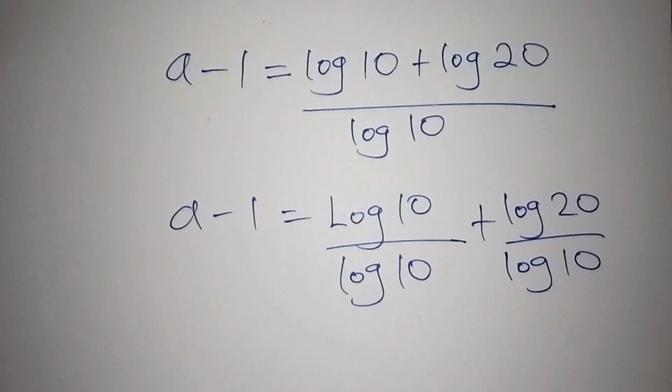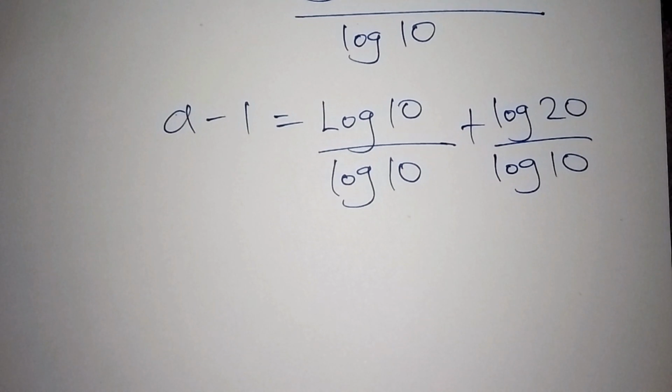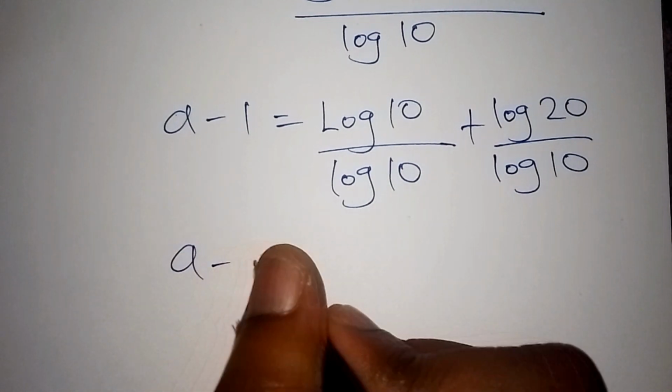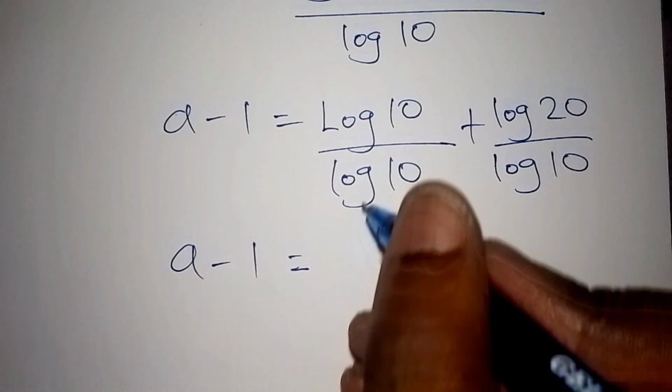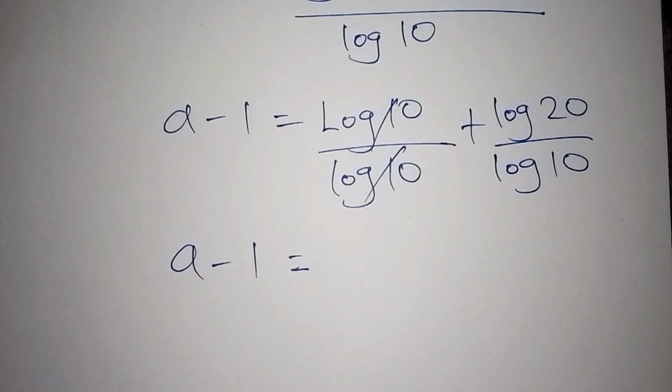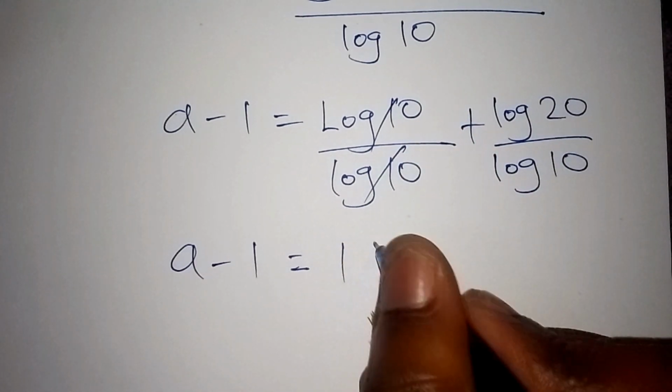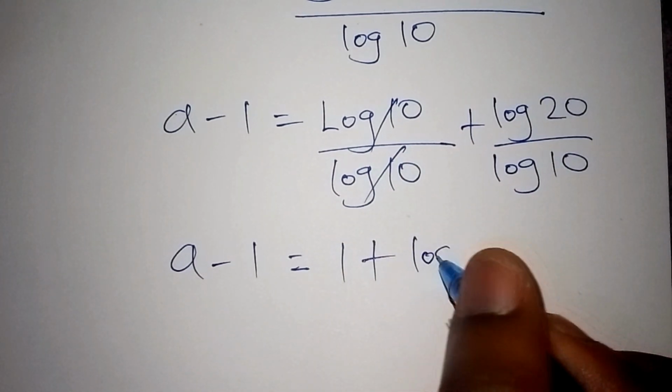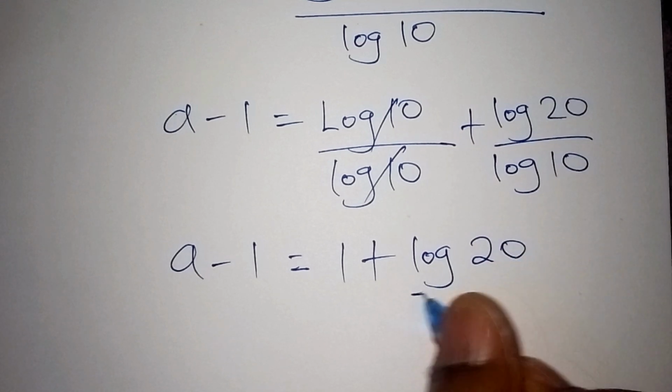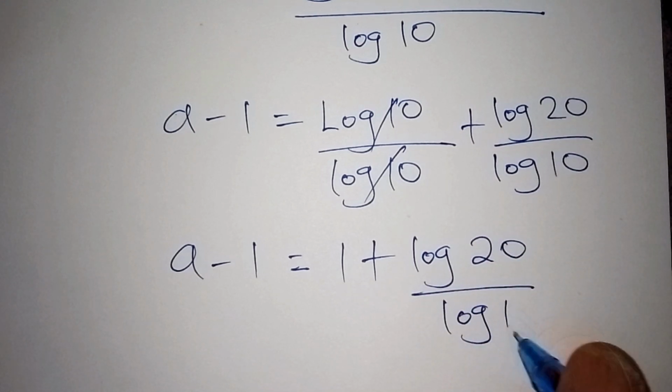So here now we shall have a minus 1 is equals to, the log of 10 and the log of 10 shall cancel each other. So now we shall have 1 plus the log of 20 all over the log of 10.